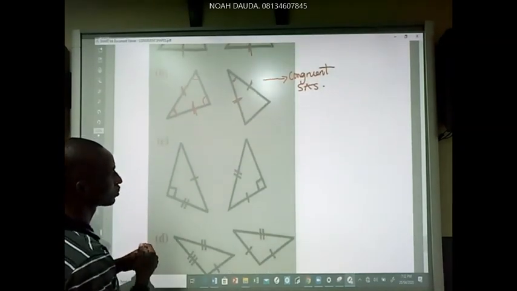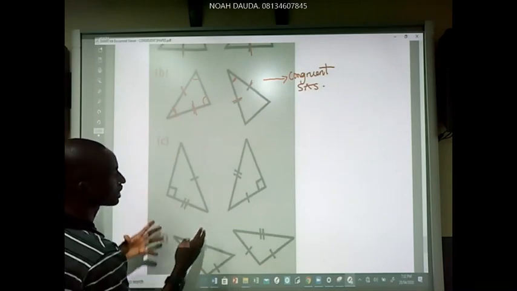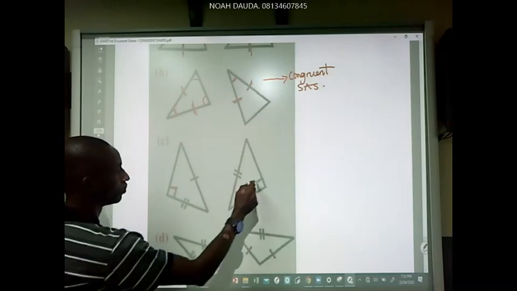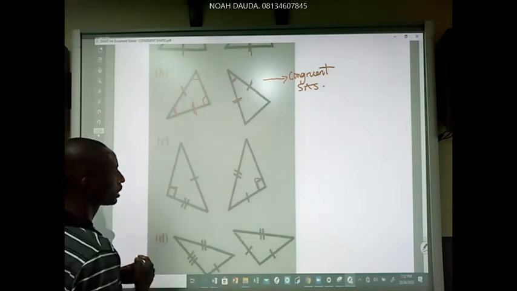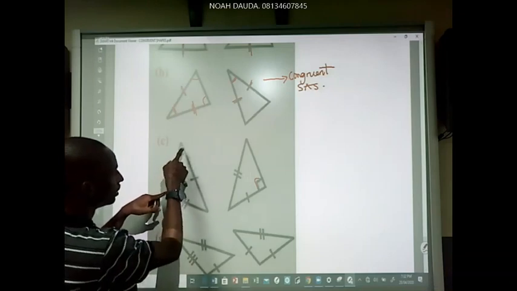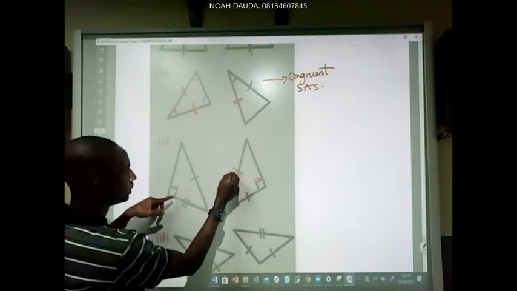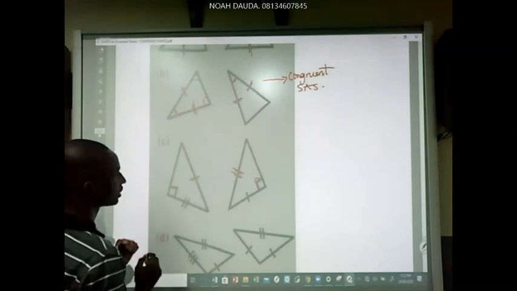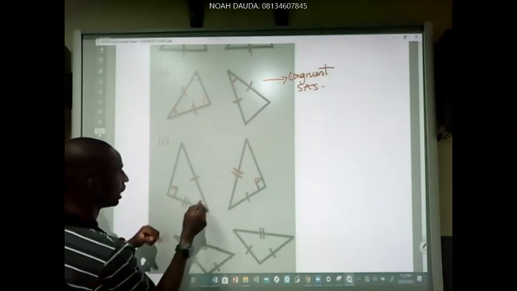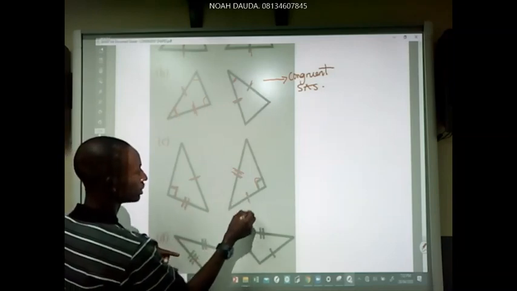Now, we are looking at the next one. We have a right angle triangle here because of this particular symbol. But looking at this now, the longest side has a double line, the longest side has a single line. Now, this shortest one has a double line, and this shortest one has a single line.